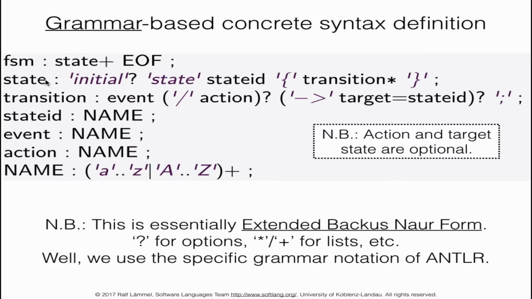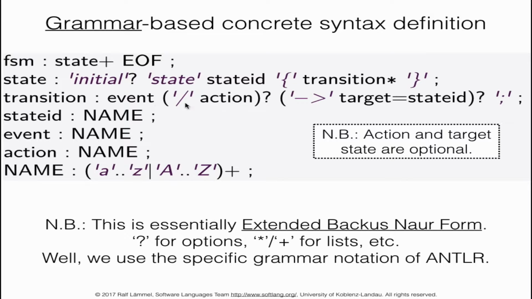A state declaration then in turn starts with an optional initial keyword followed by a state keyword followed by a state ID followed by open brace followed by a possibly empty sequence of transitions, followed by close brace.